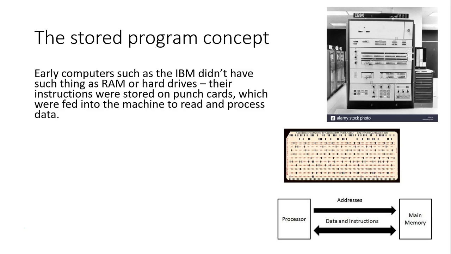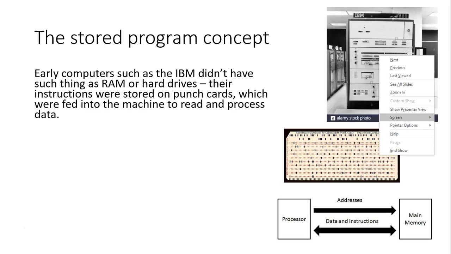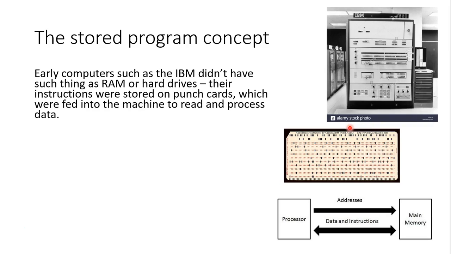Now, early computers such as the IBM, looking at these big old machines. There wasn't such a thing as RAM or a hard drive back in the 1960s. Everything was stored on these punch cards.